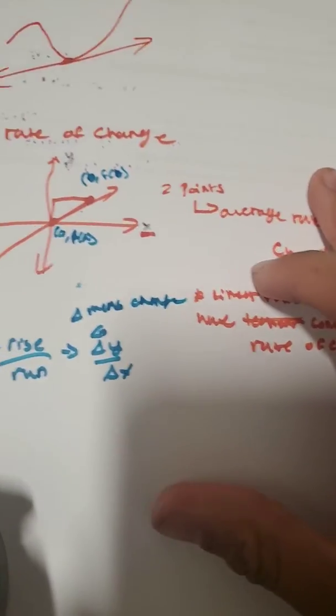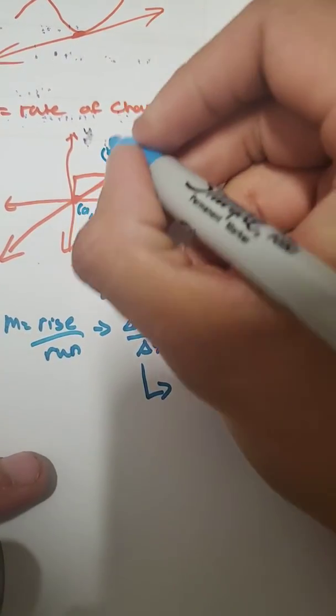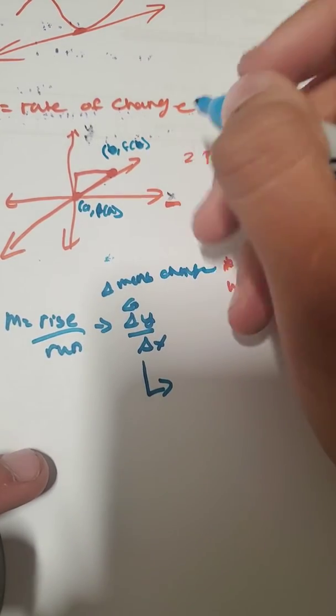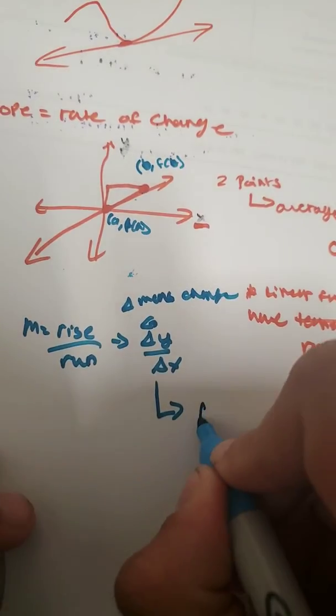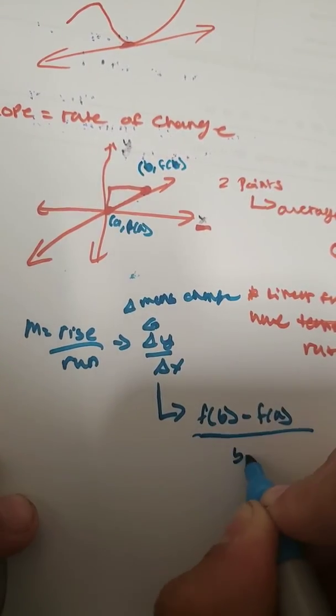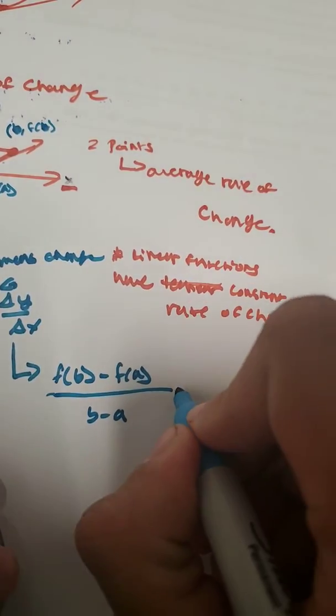Essentially, we have the values of the function evaluated at the x values. So it'll be f of b minus f of a over b minus a. That's how we find the average rate of change given multiple points, which is equal to the slope.